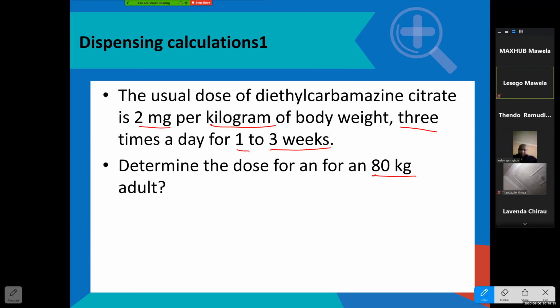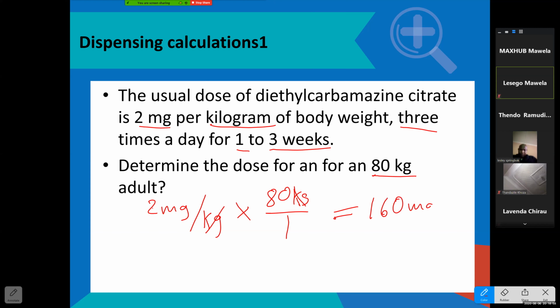So you've got 2 milligrams per kilogram, and you've got a male or a female who weighs 80 kilograms. So what do you do? You multiply by 80 kgs over 1. This kg will cancel that kg. 2 times 80 is 160 milligrams.